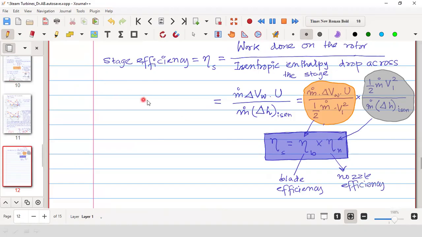Earlier, during the discussion on compressible flow, we also discussed the nozzle efficiency.